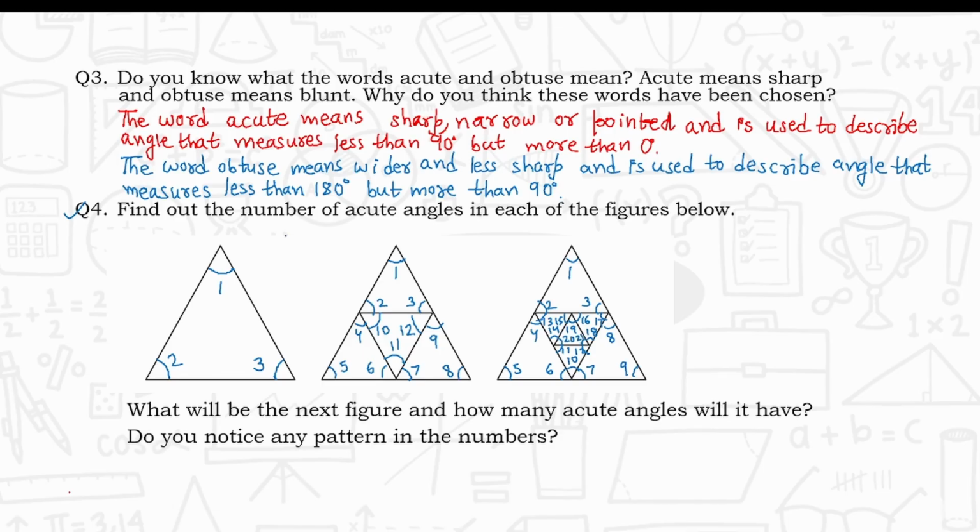So here we have 21 acute angles. This 3, here 12 and now 21. So they are saying you have to draw the next figure and tell how many acute angles we have.